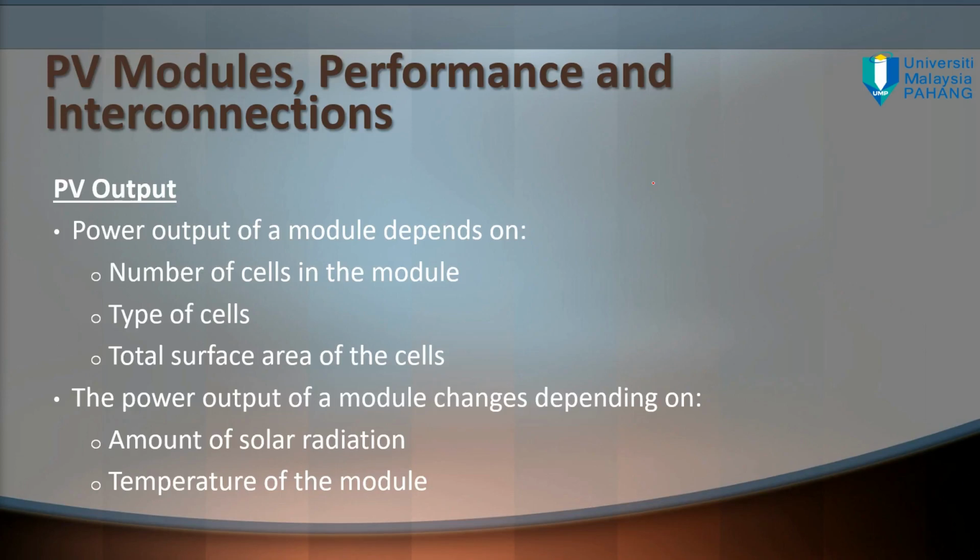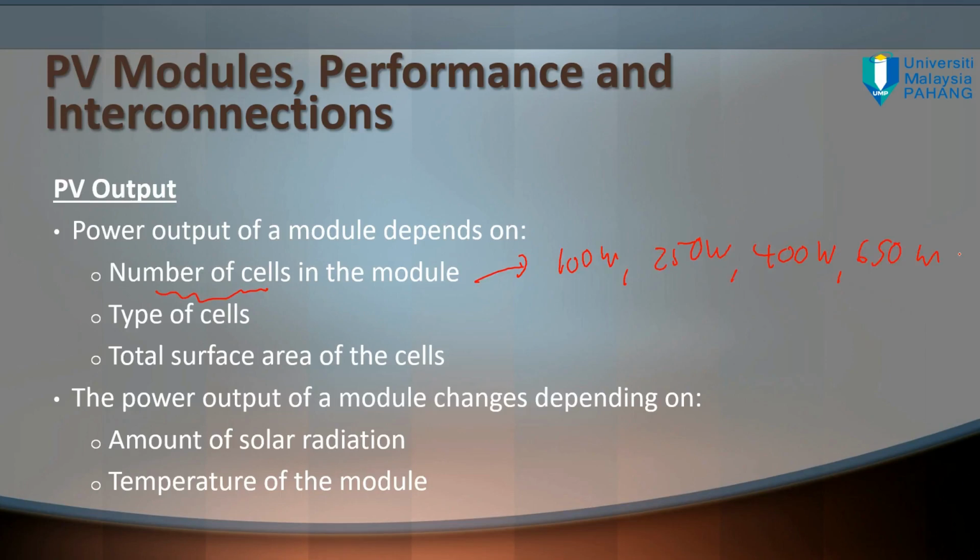It works in the opposite way. Okay. So the power output of a PV module depends on the number of cells. Everyone knows. The number of cells.